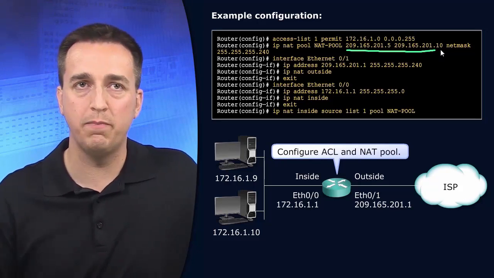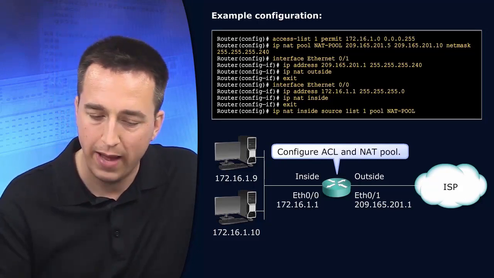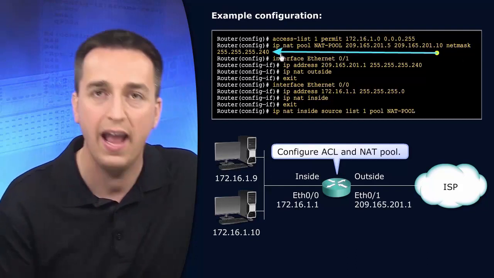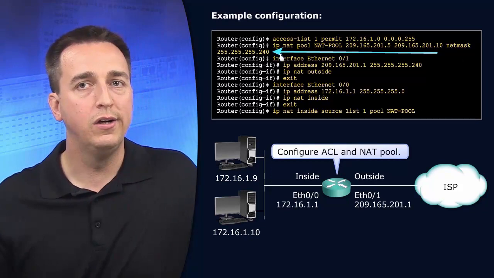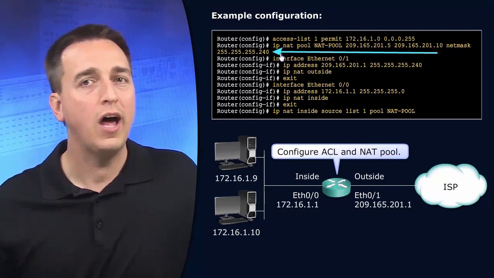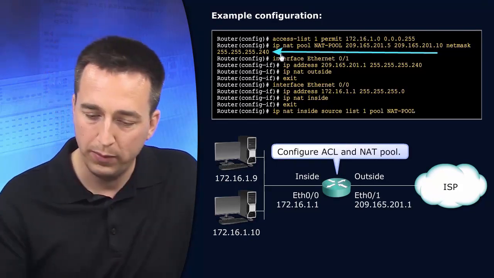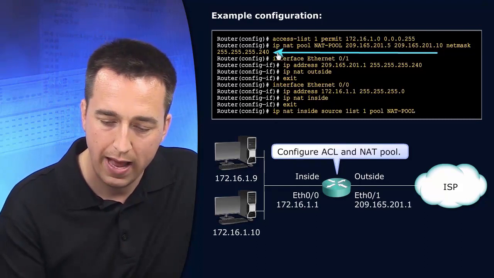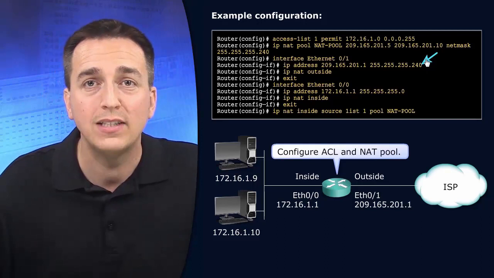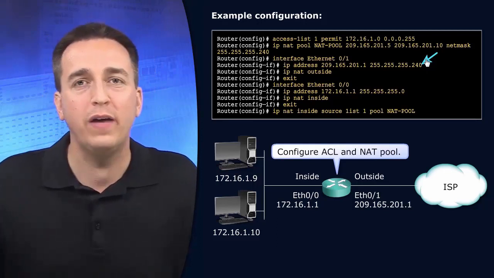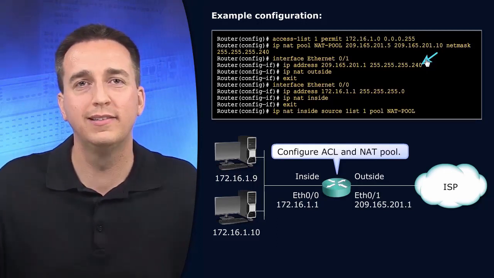It's a mechanism. Now, where do you come up with this net mask? Do you just pull it out of thin air? Well, no. It depends on the range of addresses that have been allotted to you. So typically what you will find is that the net mask value equals the subnet mask that is applied to the interface, that outside interface.